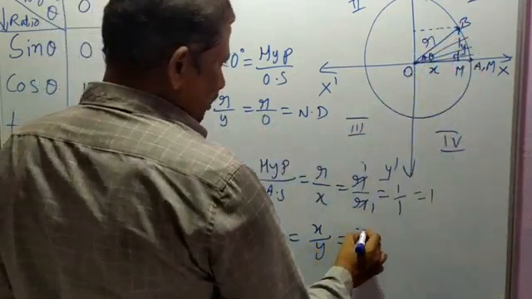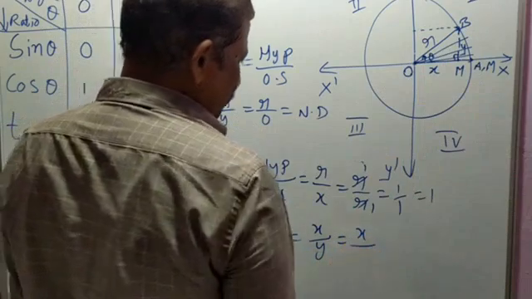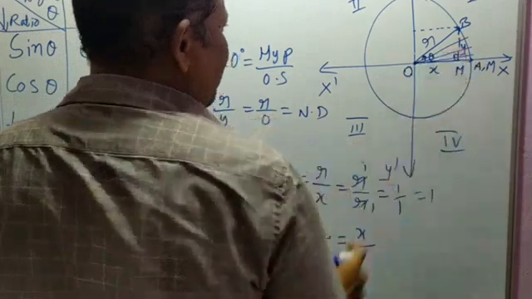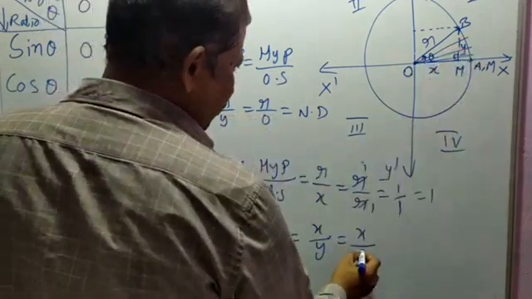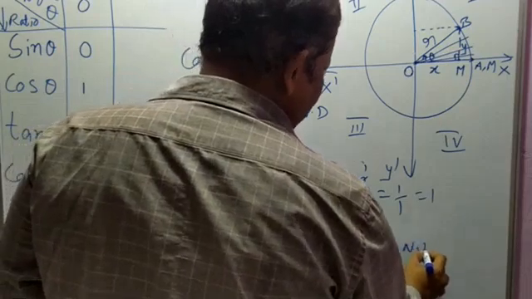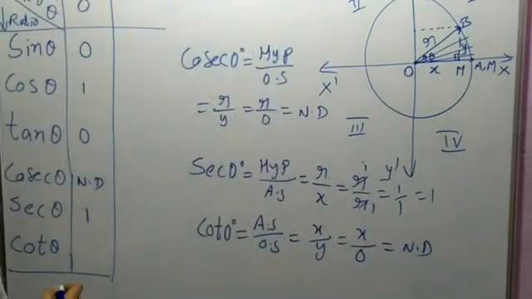So here x by y, and y becomes 0. Anything by 0 is not defined. That is infinity. So that is 0 degrees; we got all the six trigonometric ratio values.